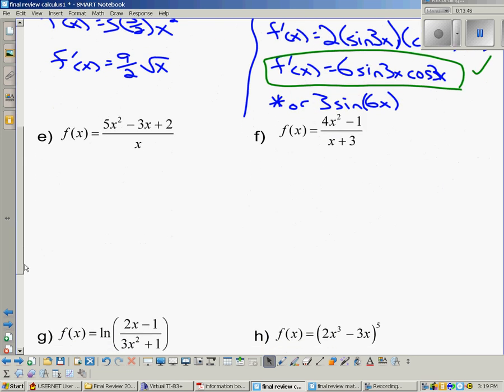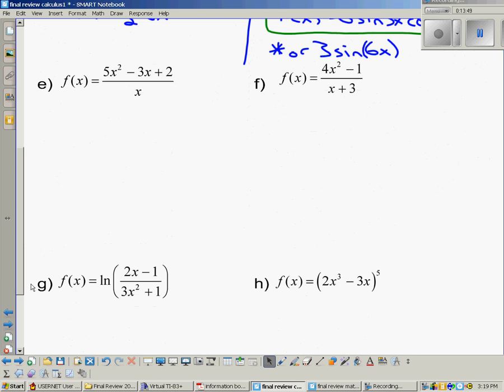All right, next one. Hard to miss the quotient rule. So here we can use quotient rule because we've got obviously a top and a bottom part. Since you've got a monomial on top, though, it might be easier to simplify this piece by piece. So 5x squared over x. Notice I'm not differentiating yet.